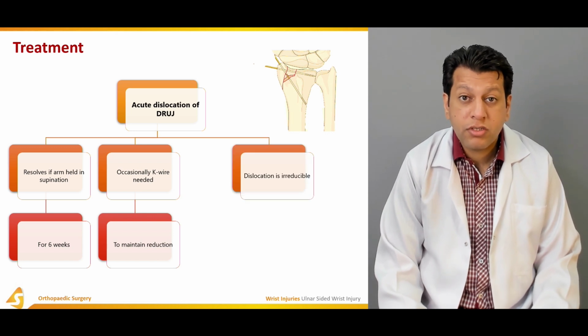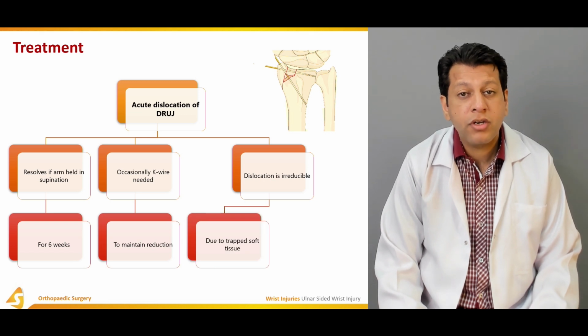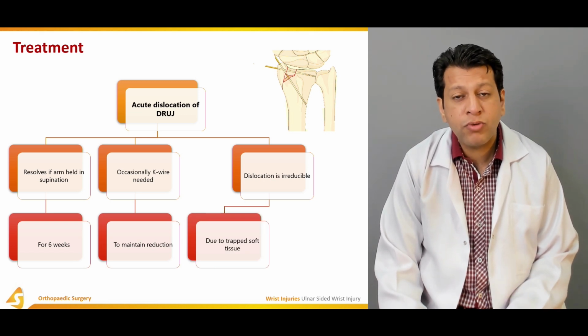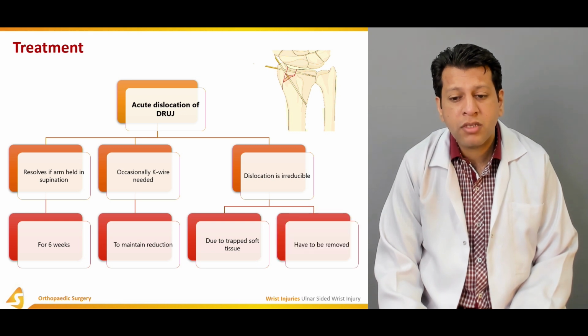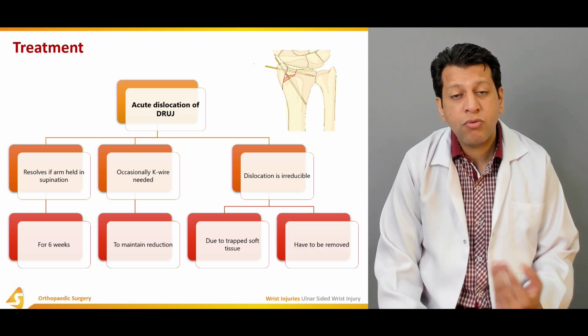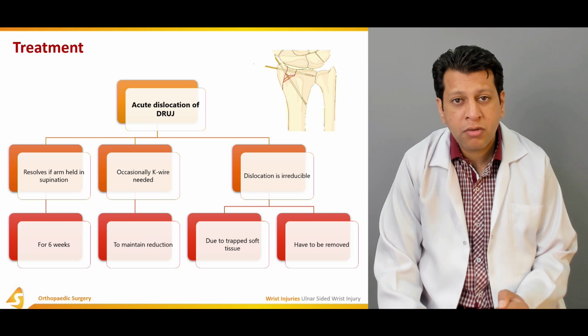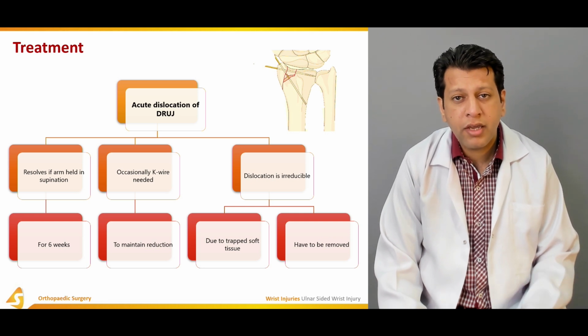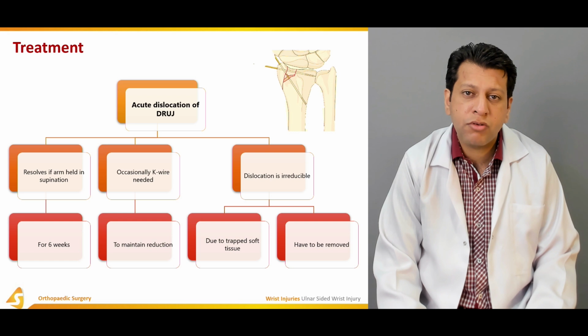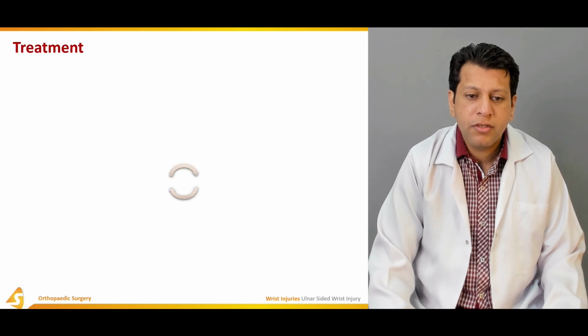If the dislocation is irreducible by closed means, this may be due to trapped soft tissue, most commonly the extensor carpi ulnaris. So we have to go for open reduction, remove the extensor carpi ulnaris from the DRUJ, and then fix the distal radioulnar joint.